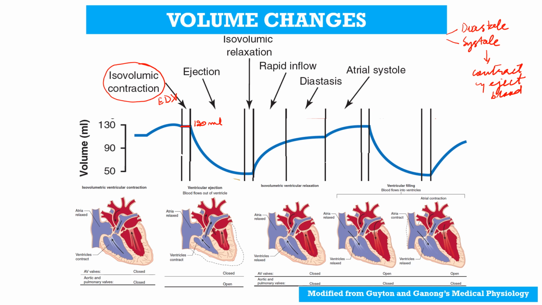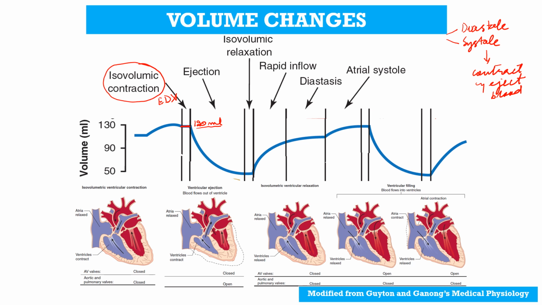With this volume, the ventricles start their contraction. So the first phase of systole is isovolumic contraction. In this phase, after filling, the volume is 120 milliliters.